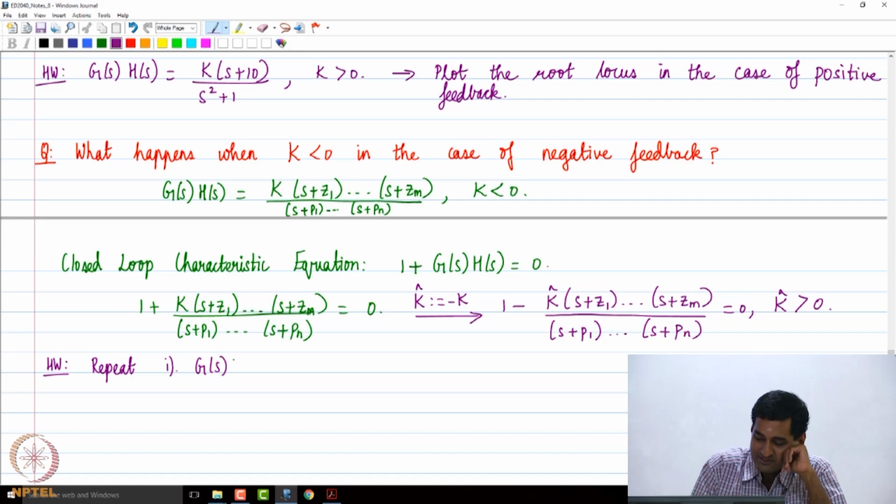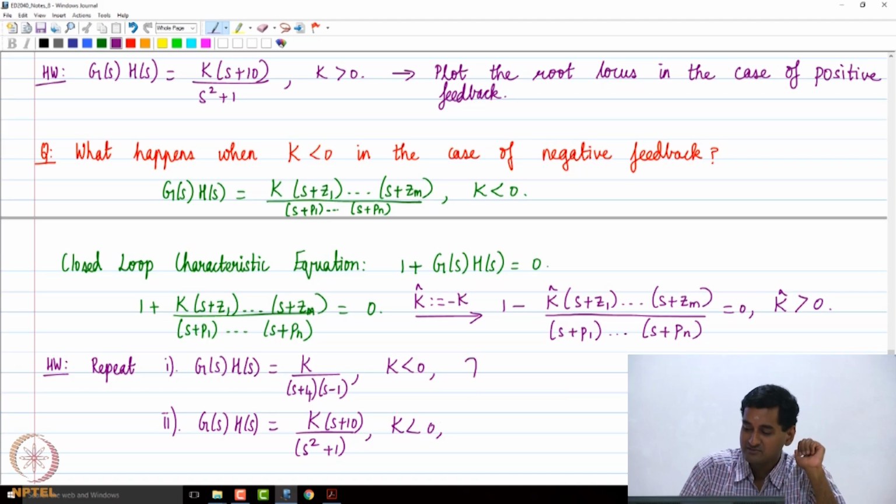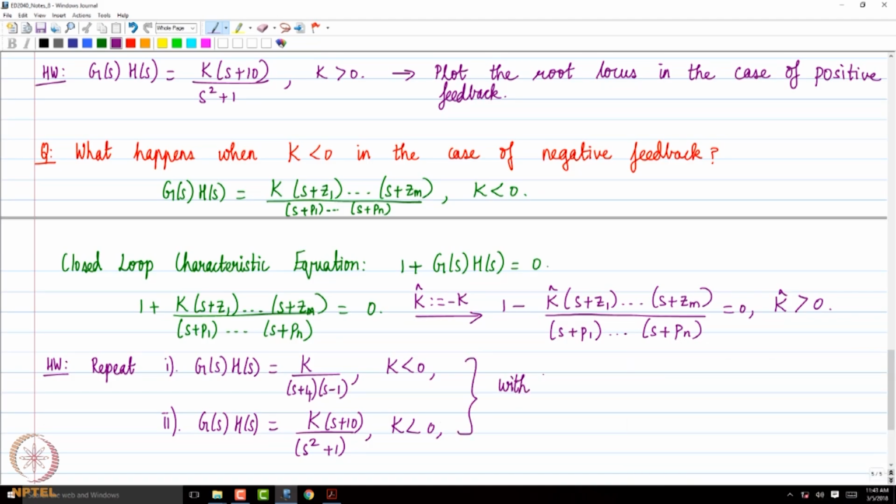The first is G(s)H(s) equals k divided by (s plus 4)(s minus 1), of course k being now less than 0, and the second problem is G(s)H(s) equals k times (s plus 10) divided by s squared plus 1, k being less than 0, of course with negative feedback. Plot the root locus in this case.